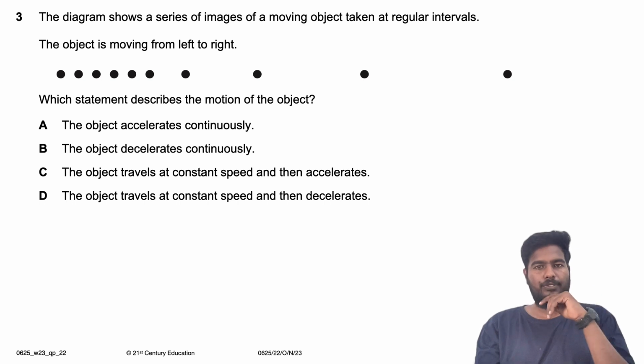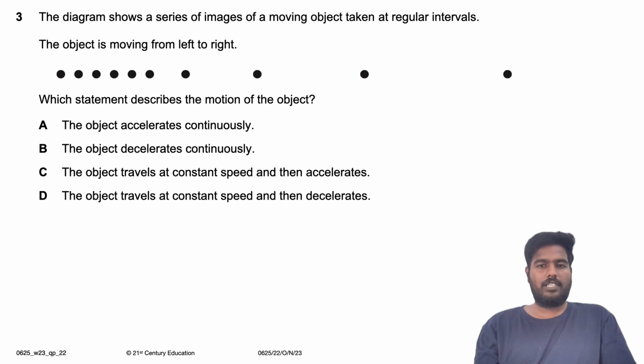The first few dots are placed at equal intervals, and then as it goes to the right, the distance between the objects starts increasing. The difference in distance increases over time, which means the object's speed is increasing, or it accelerates. So the object travels at constant speed and then accelerates. Option C is the right answer.